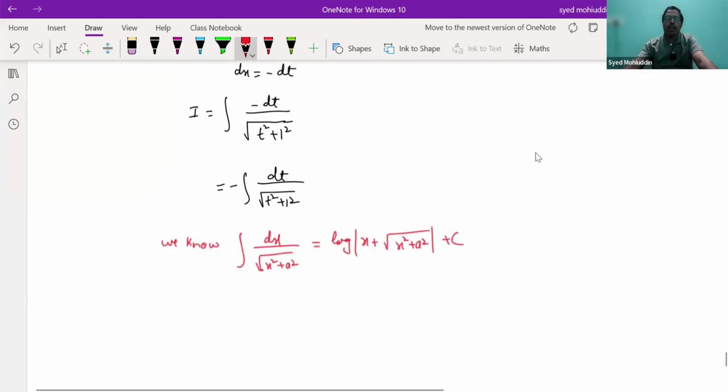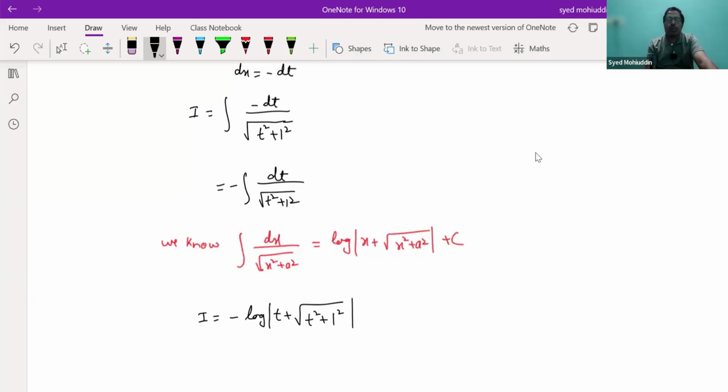Now if I integrate this, I is equal to minus sign as it is. This whole is nothing but your formula itself: log of mod x, in this case t, so t plus root of t square plus 1 square, plus c.